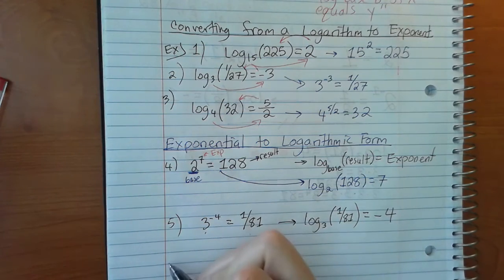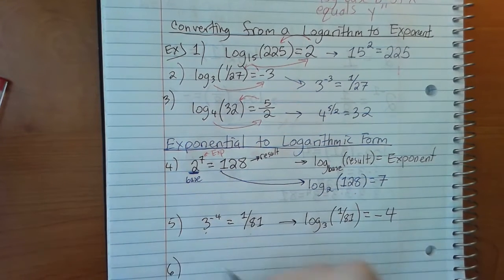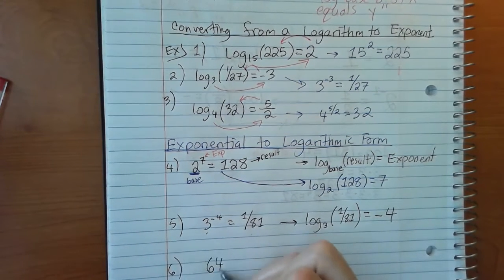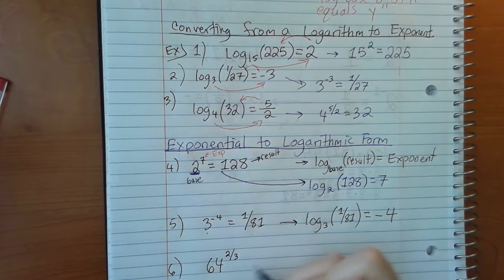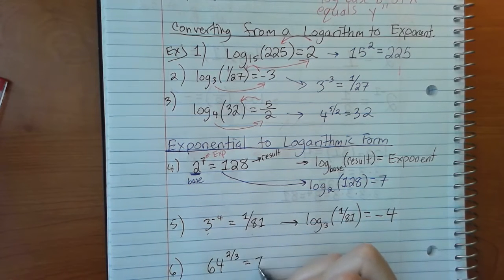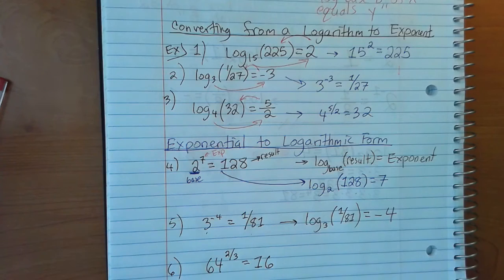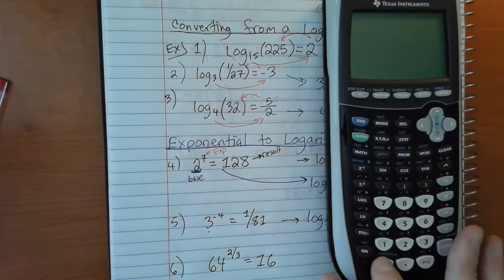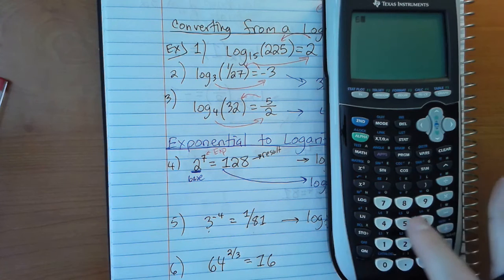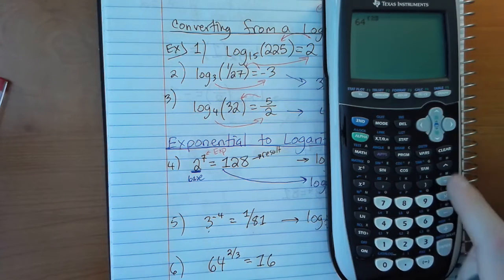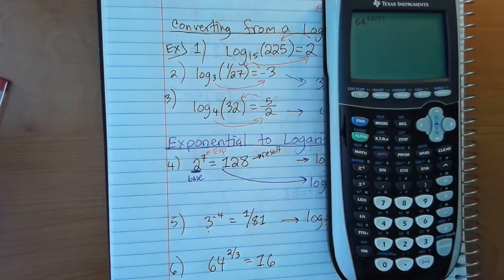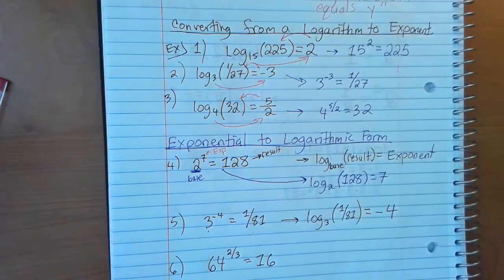For number 6, we have 64 to the power of 2/3 is equal to 16. If I put that in my calculator, I know that's true: 64 to the power of 2 over 3 equals 16.